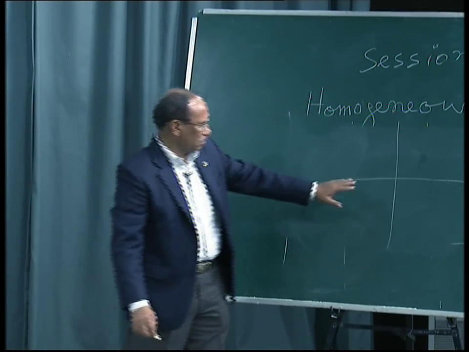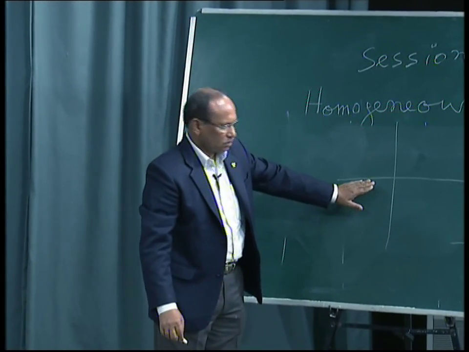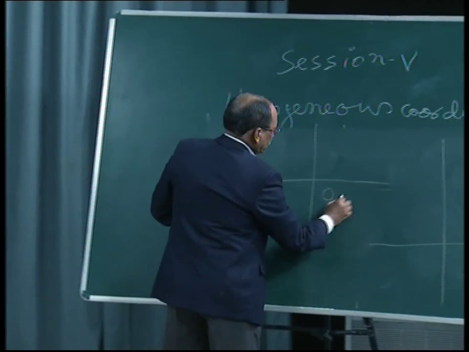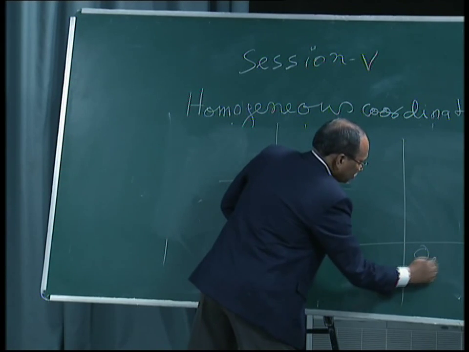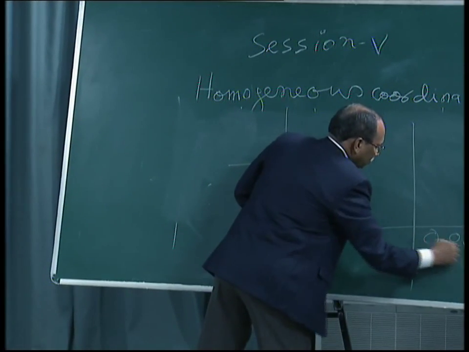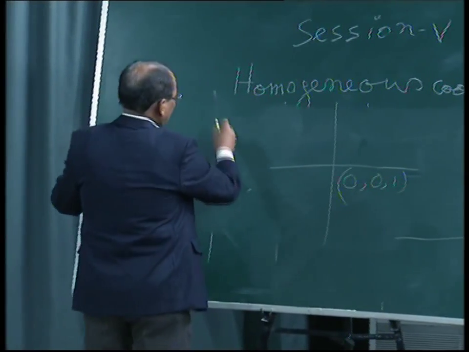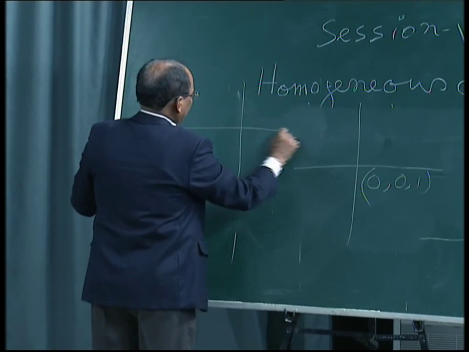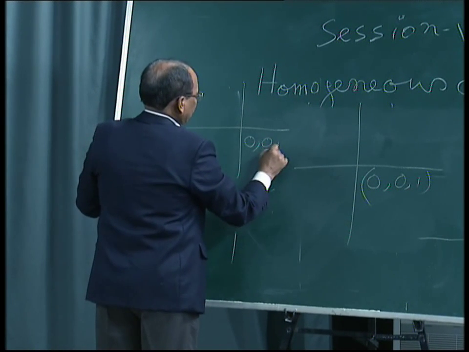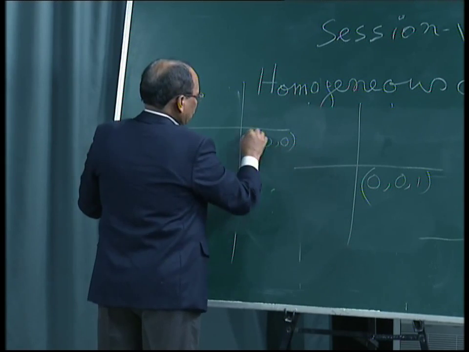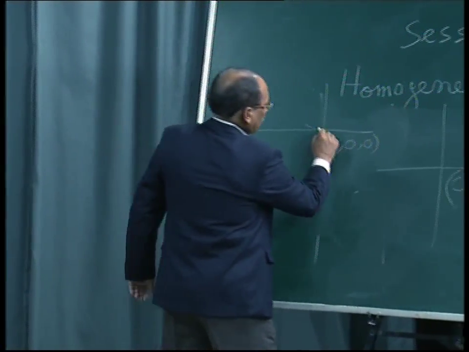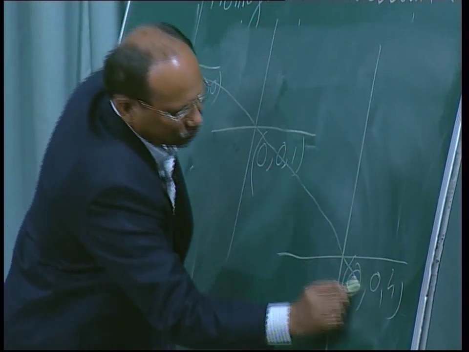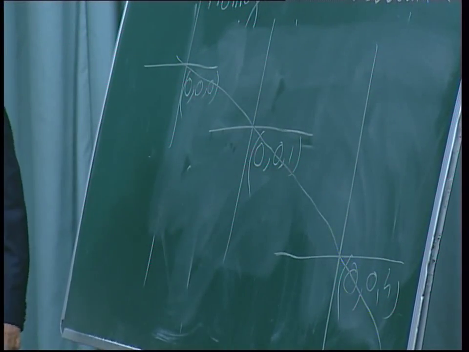In isometric, this is my plane, that means it is the 0 0 1 plane, and this is a 0 0 H plane. And there is another far behind, which will be 0 0 0. These are 3 planes, and this is the H axis.